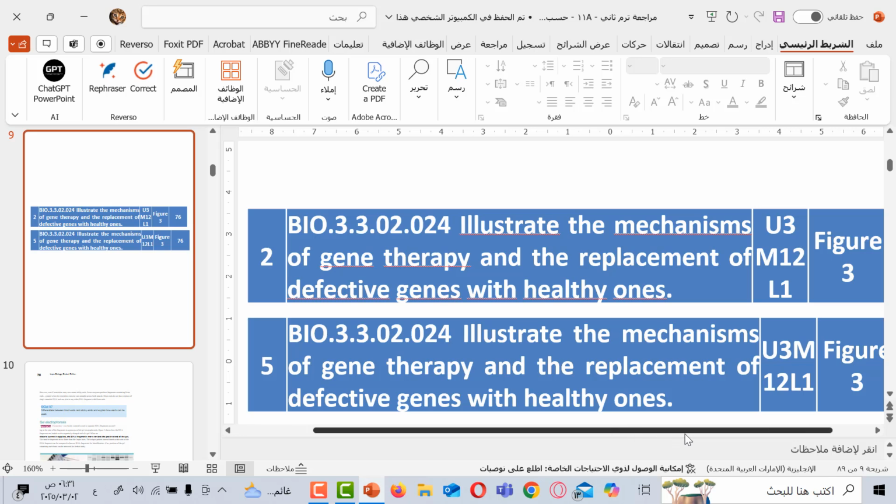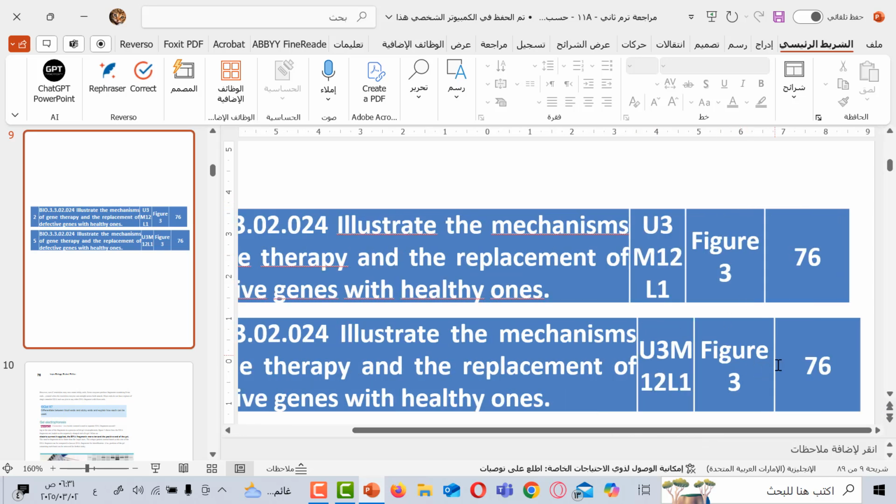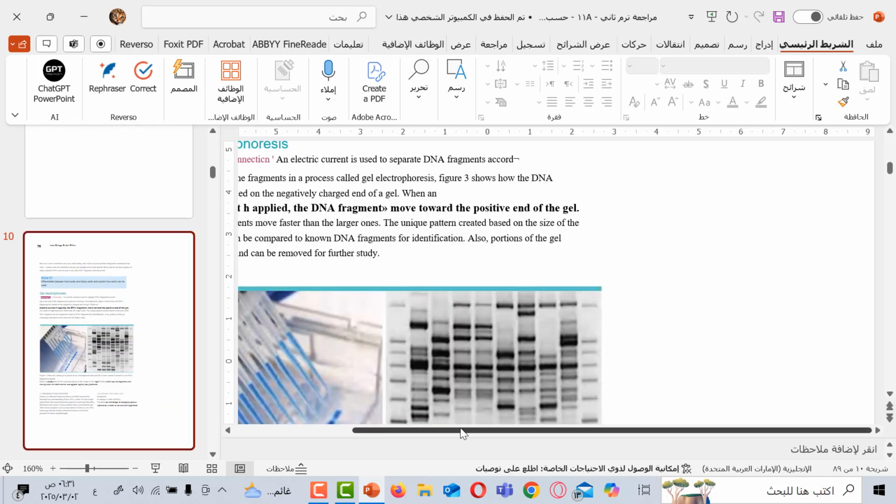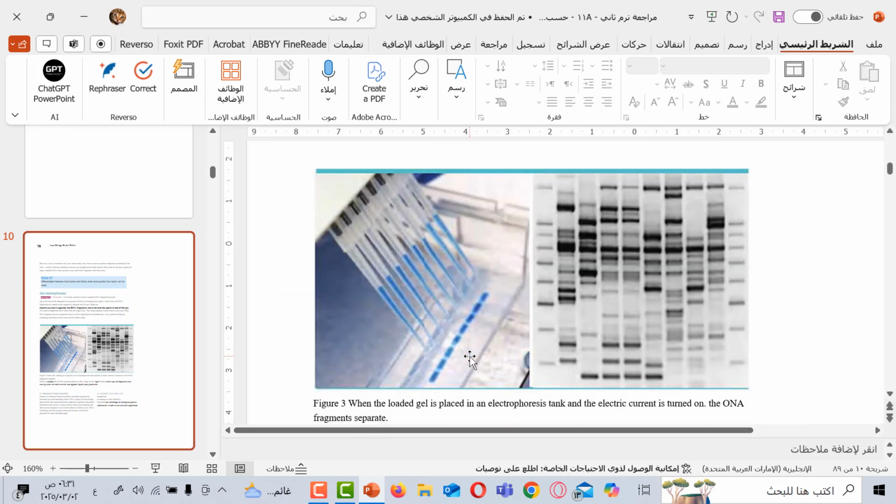Okay, and this is what he wants, all the picture, all the page, or he asked about the figure. We found two questions on figure number 3. Let us see which is figure number 3. This is figure number 3.